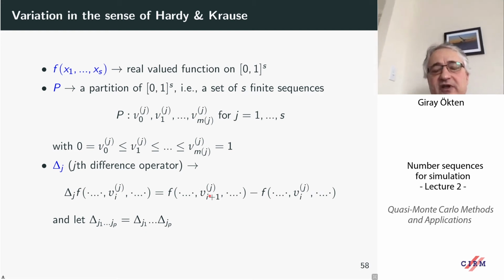And so it's really a straightforward generalization of dimension 1, but the notation is a little complicated. And then this operator is just a composition. So delta J1 through JP means you take the operator delta JP and take its composition with the next one and so forth.